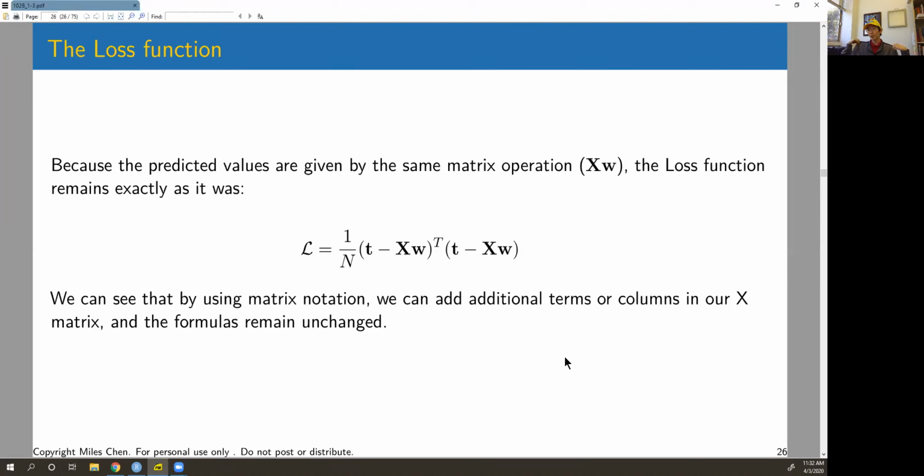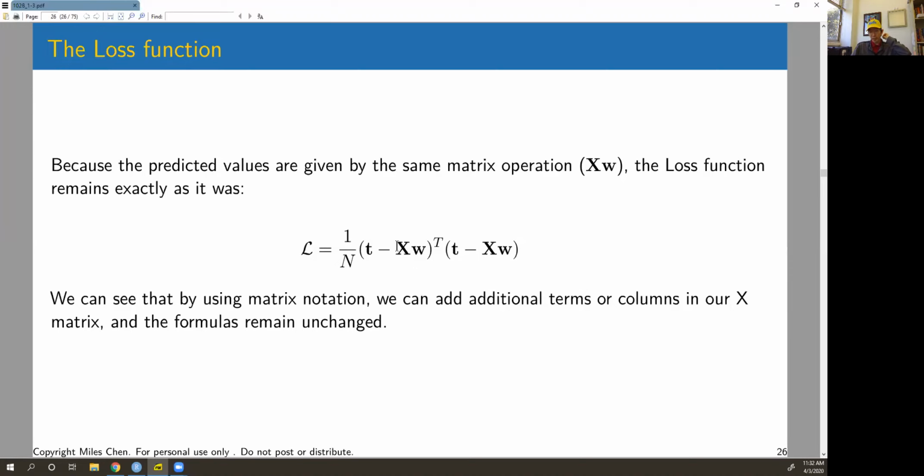Instead of just having y minus the intercept plus the slope times x, and taking that difference and squaring it, we would now have y minus the intercept plus slope times x plus the other coefficient times x squared. So you'd have 4 terms in there, and you'd square that, and we could see that would get much bigger. Matrix notation keeps these things a lot simpler.